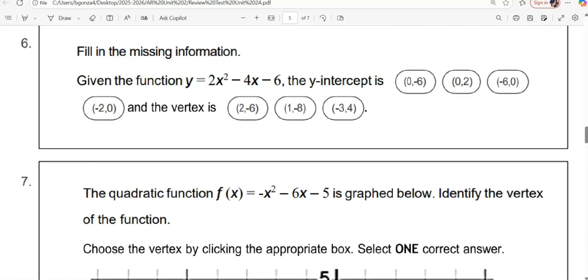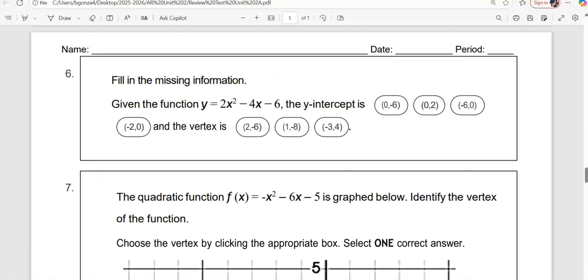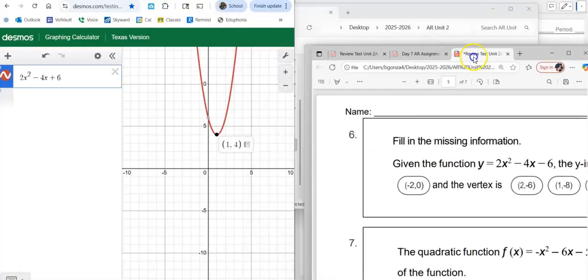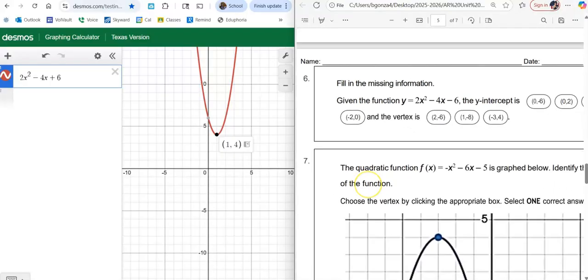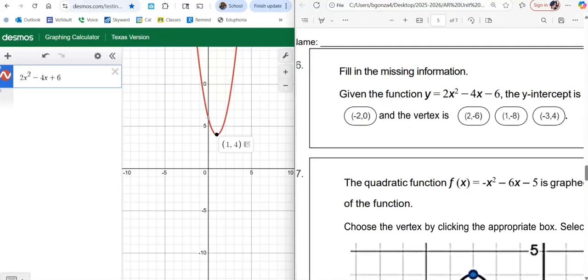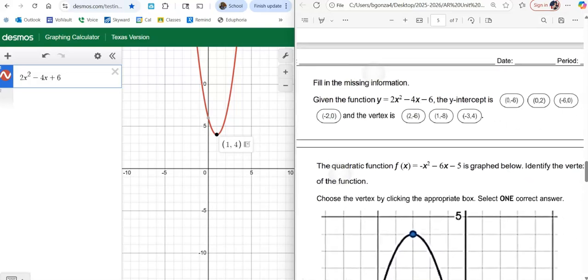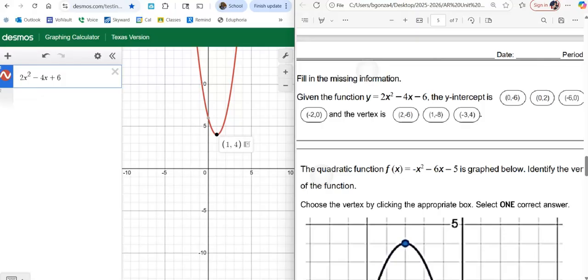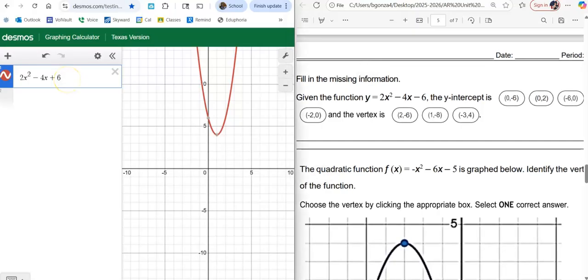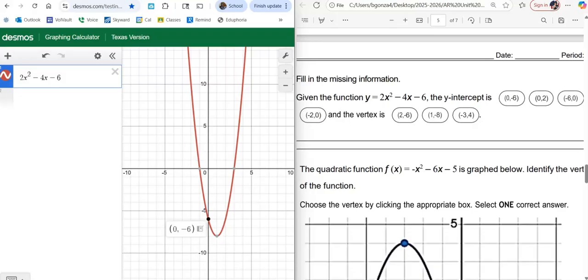Okay, what about number 6? What's the missing information? Let's take this to Desmos. All right, so they want to know the y-intercept, (0, -6).